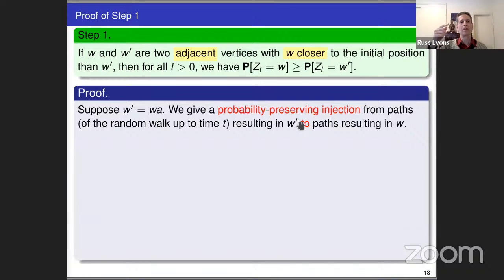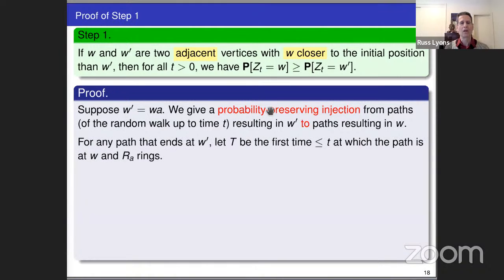So let's say you can get from W to W prime by multiplying by generator A. They were adjacent, so there's some generator, let's say it's A. To prove this, I'm going to give a probability preserving injection from paths up to time T that end at W prime to the paths that end at W. So for any path that ends at W prime, since W is closer than W prime to identity, you have to be at W and then cross this edge from W to W prime, right?